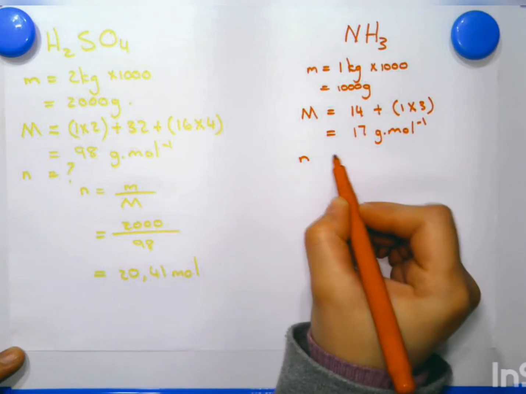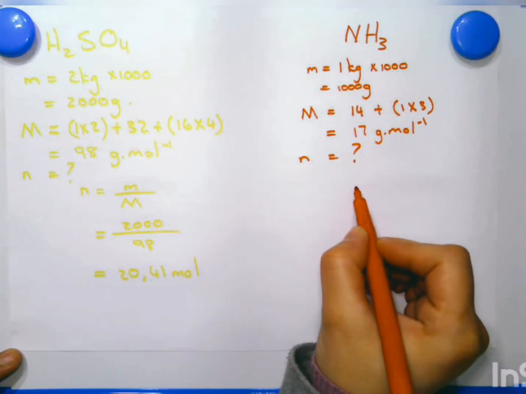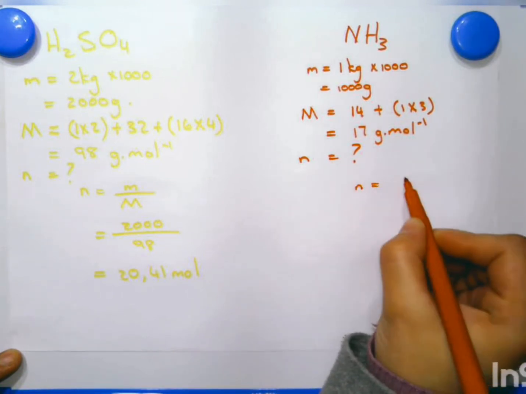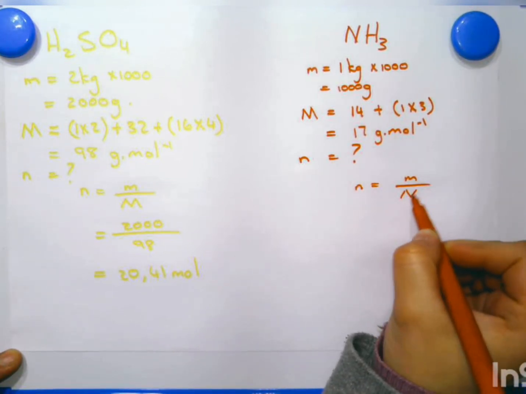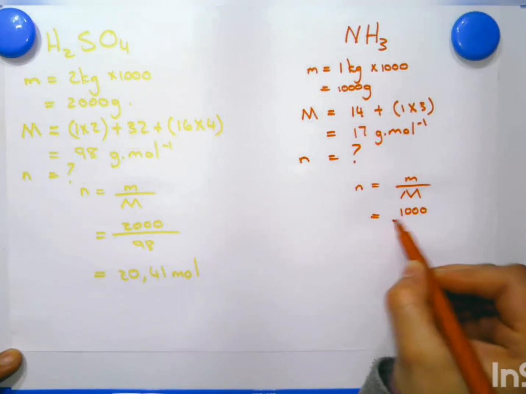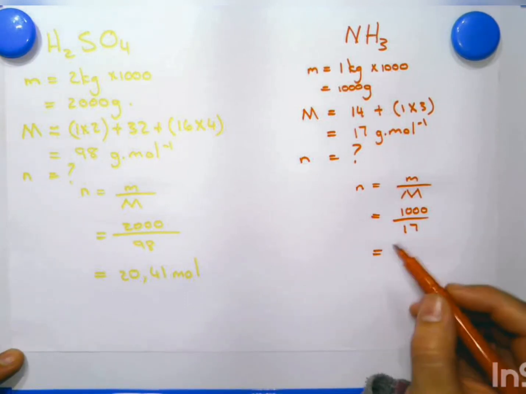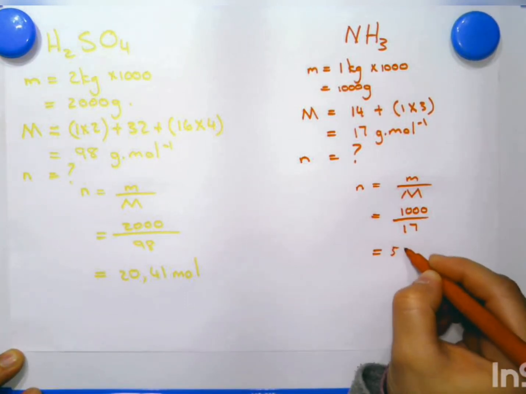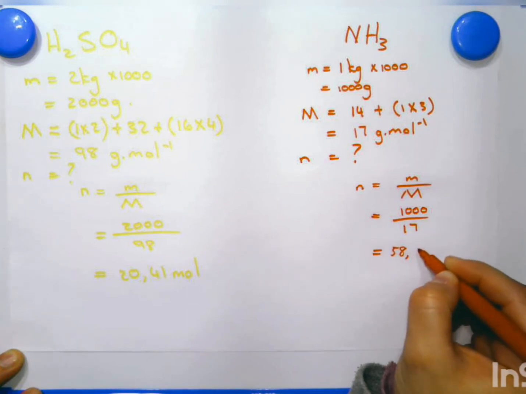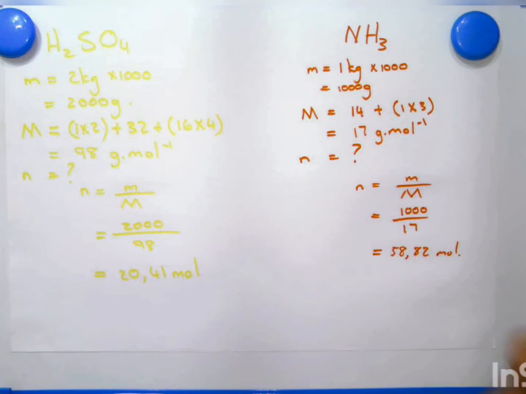And again, we are looking for how much mole is in 1 kilogram of ammonia. So we copy our formula, n is equal to m over M, and substitute. And then we put that into our calculator, which then gives us 58,82 mole. Right, so now we have the mole of each.